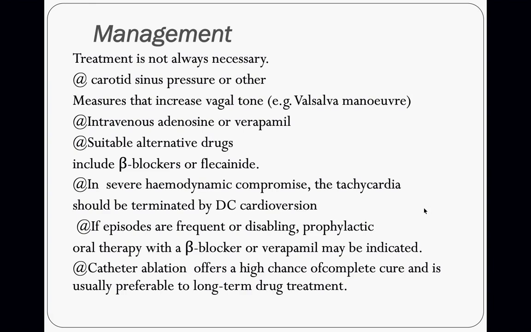If there is hemodynamic compromise, tachycardia associated with hypotension or shock, a DC cardioversion should be administered. If the episodes are frequent, disabling, prophylactic oral therapy with beta blocker or verapamil may be indicated. And finally, catheter ablation offers high chance of complete cure and is usually reserved for when the medical therapy is not beneficial.